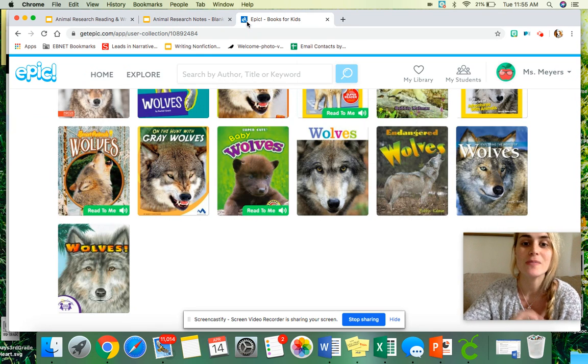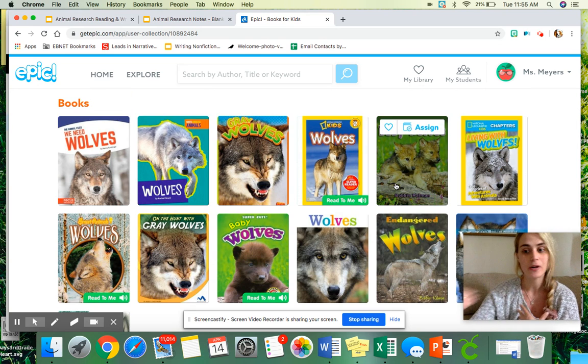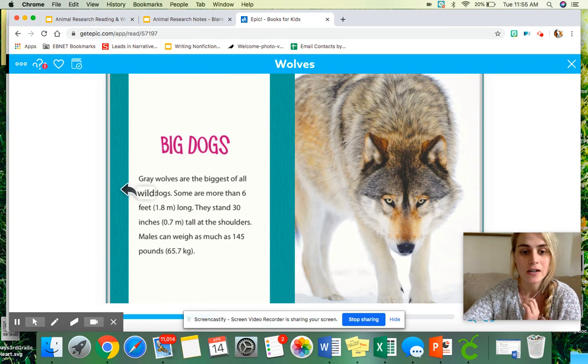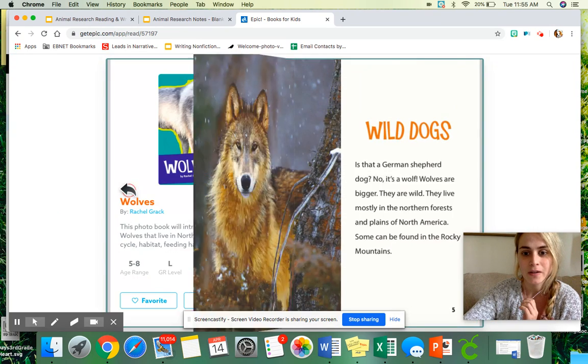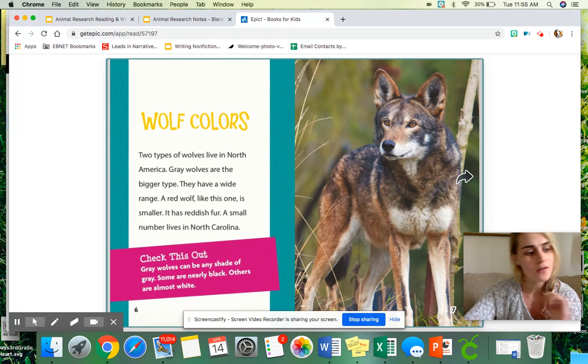Right, so you're going to be looking at your collection in Epic, right? Just like we organized before, now we're going to think, what subtopics are there that I can organize for my research, right? So I'm going to look over here. I already started reading this one, right? So it talks about where they're found. I'm going to write these down. I'm going to take notes so I can see which ones keep on coming up, right?